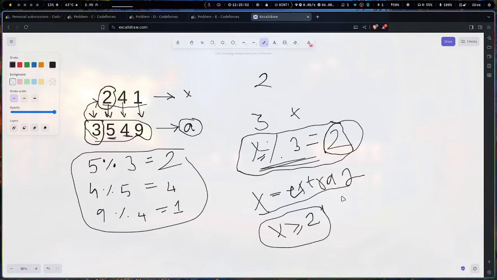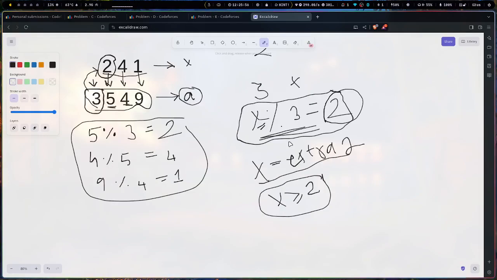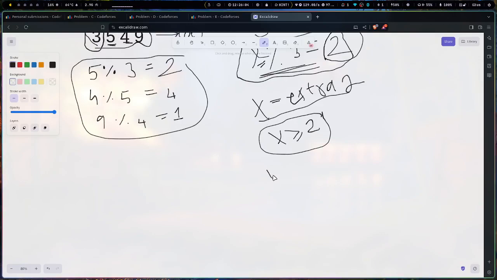So what different numbers can take the place of x? See this carefully. Can we write x as 3q plus 2?